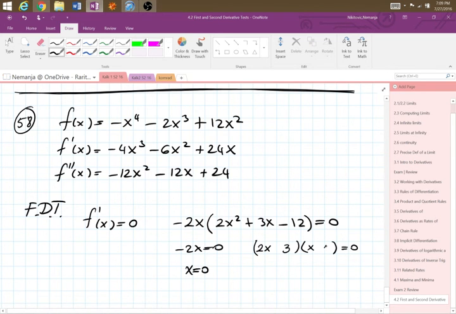Well, let's just try 3 and 4. So we have 3x and we have 8x. So let's swap them, 4 and 3. So then I have 6x and I have 4x. You know what? Let's just use the quadratic formula.